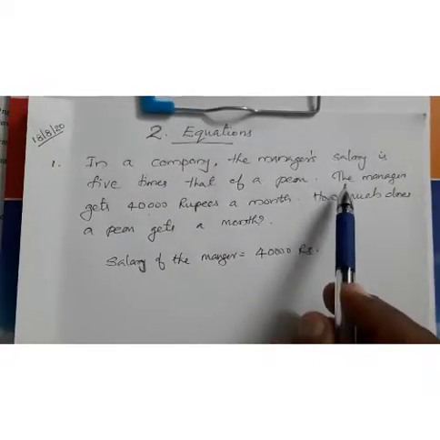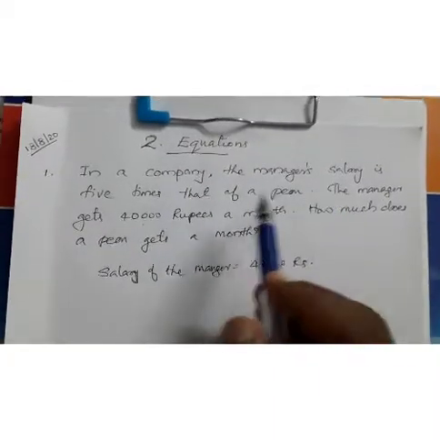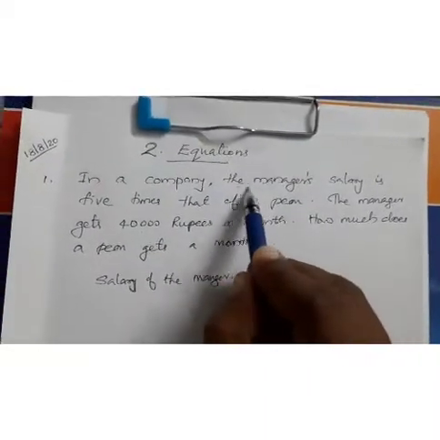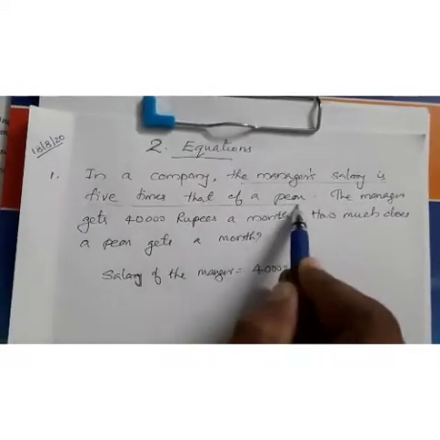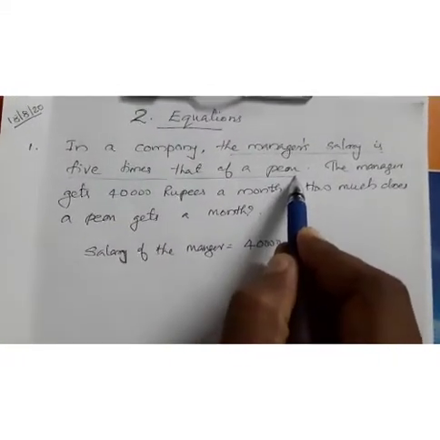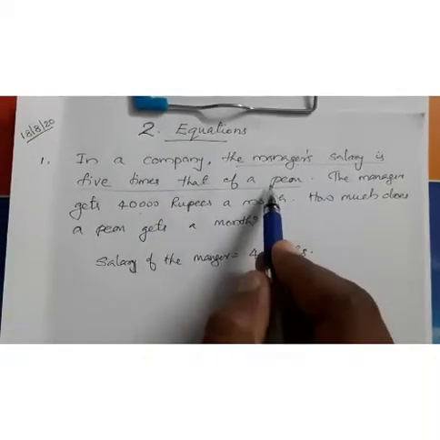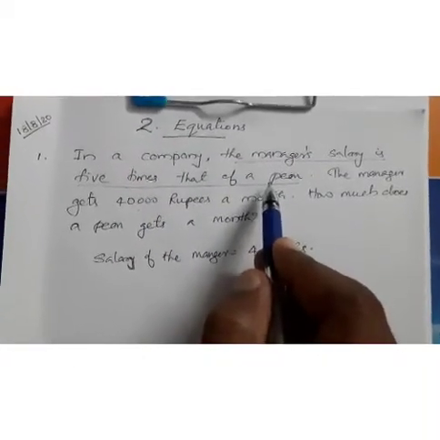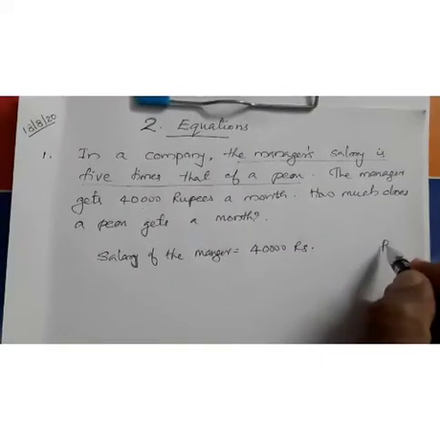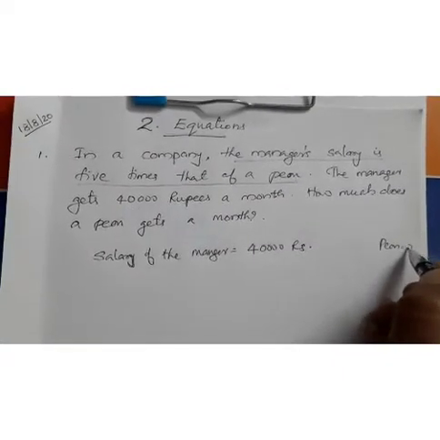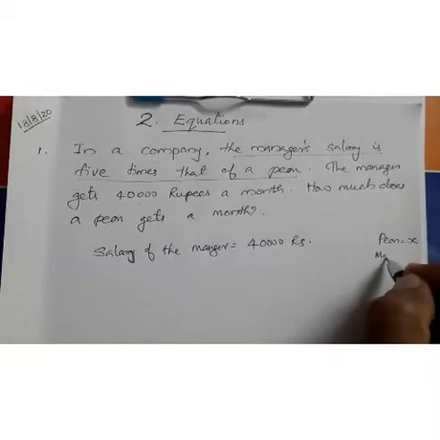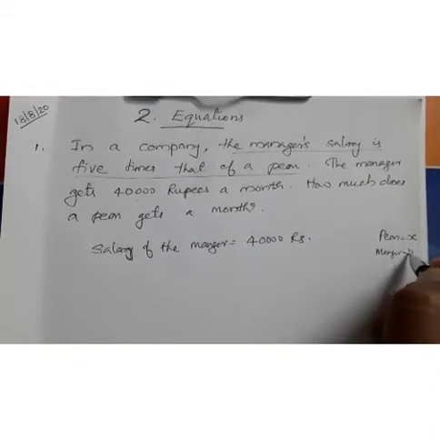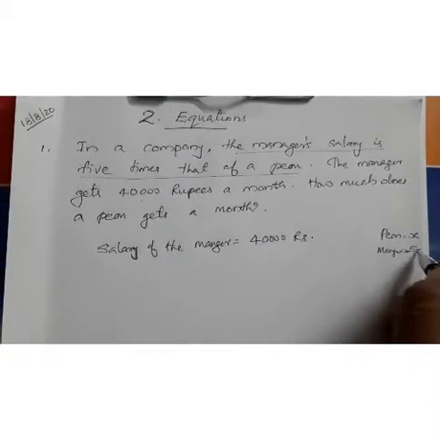Then see the sentence. Manager's salary is 5 times that of peon. If the peon gets a salary of X rupees, what is the salary of the manager? 5 times the salary of peon.